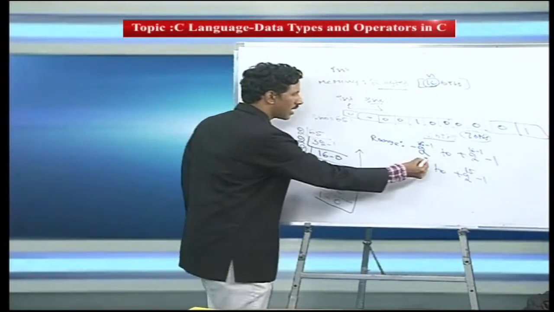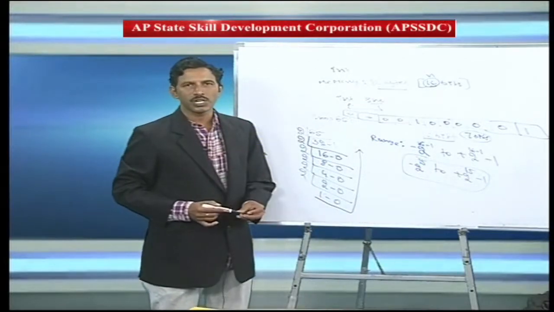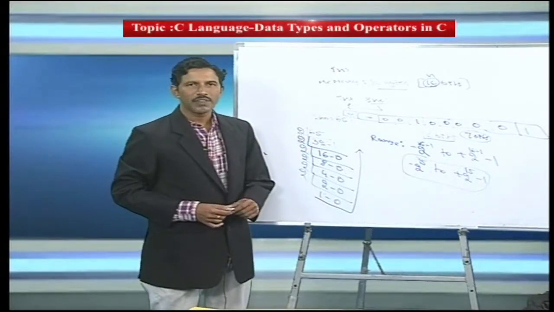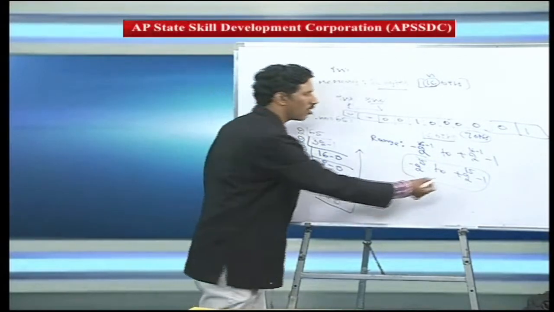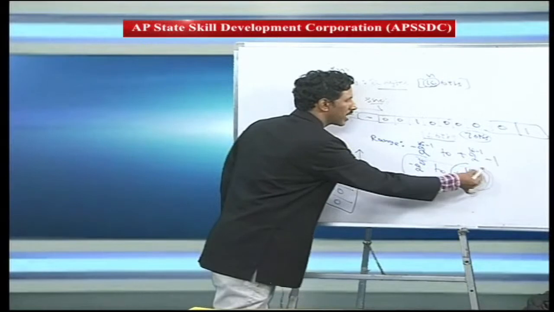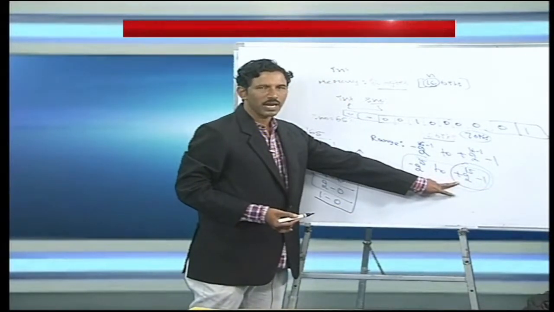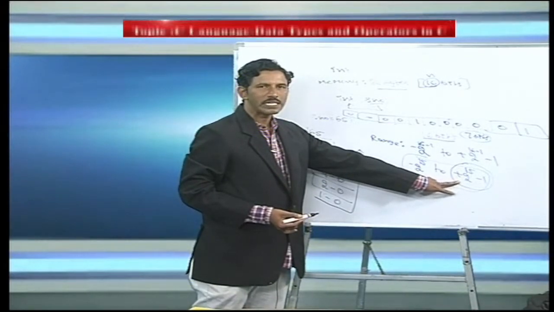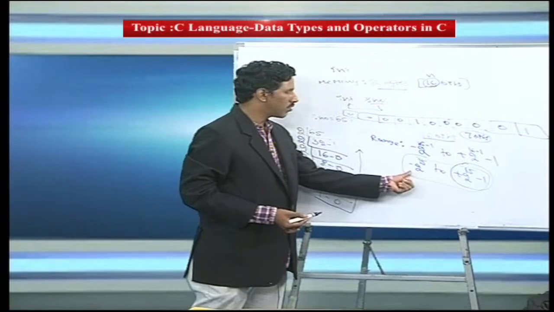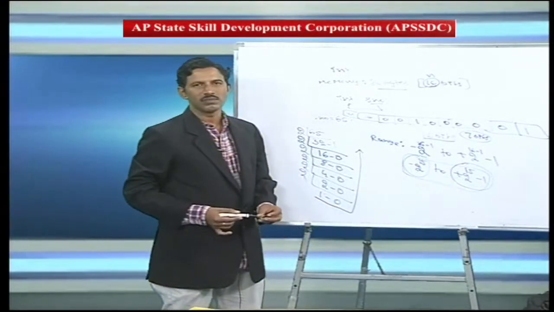This is the range of the integer data type. If I enter an integer, what is the maximum number allowed? 2 to the power of 15 minus 1. 2 is multiplied how many times? 15 times, and minus 1. This is the last number that can be entered for the integer data type, and the negative value is minus 2 to the power of 15.